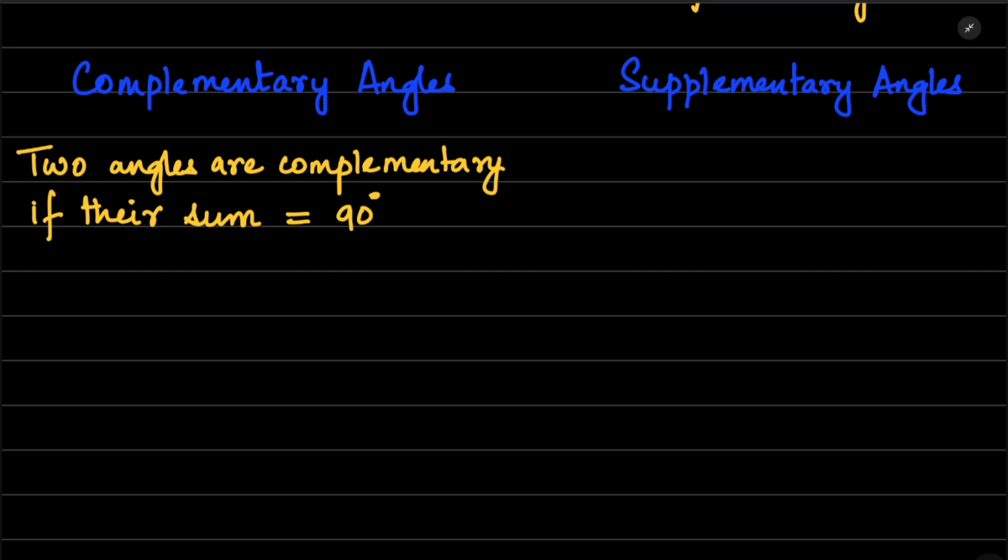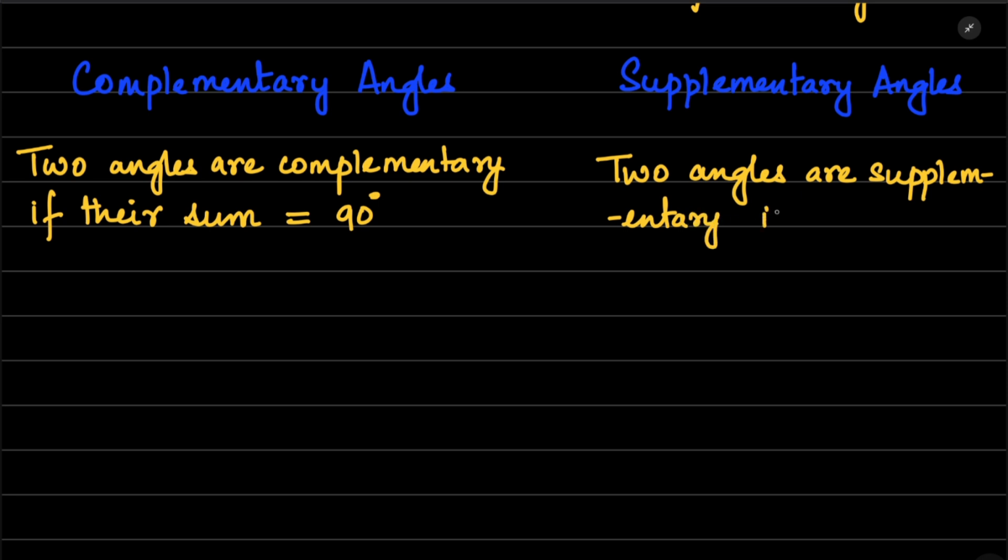But two angles can be called supplementary if the sum is equal to 180 degree. So two angles are supplementary if their sum is equal to 180 degree.